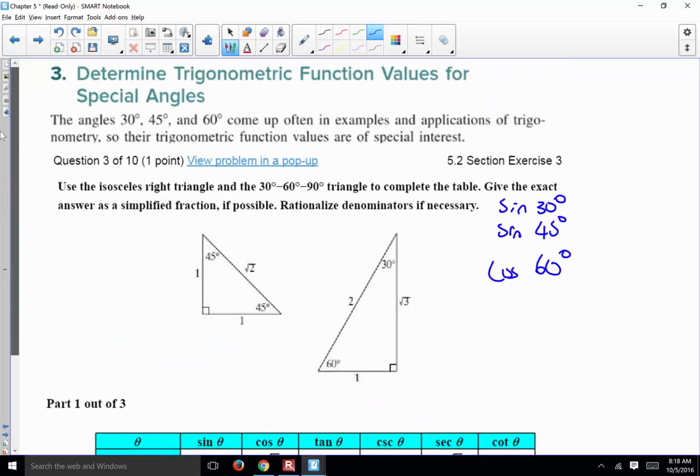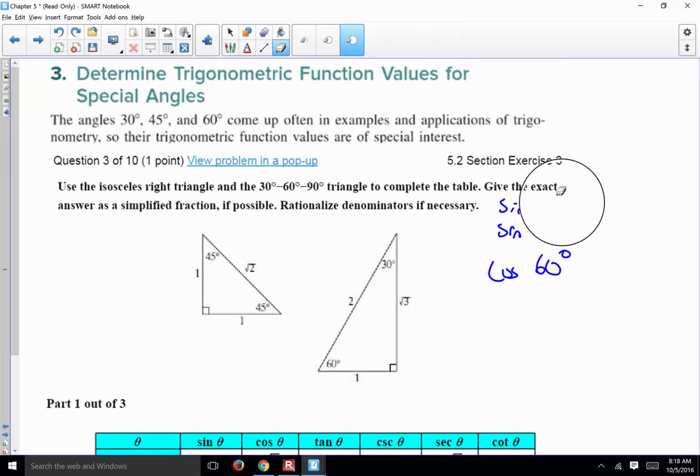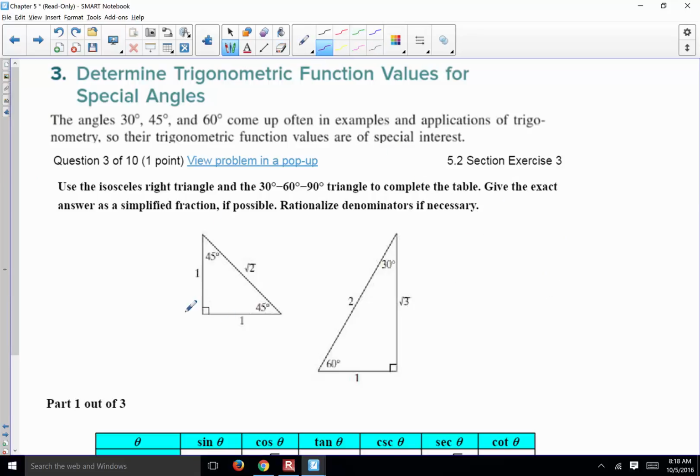Okay? So how did they discover these values? They all come from special triangles. First one on the left is an isosceles. Do you know what isosceles means? Two sides equal. Look at this. This is a triangle with these two sides equal.